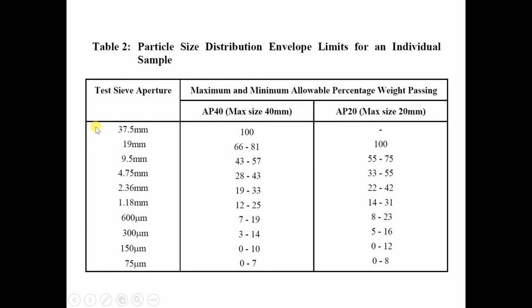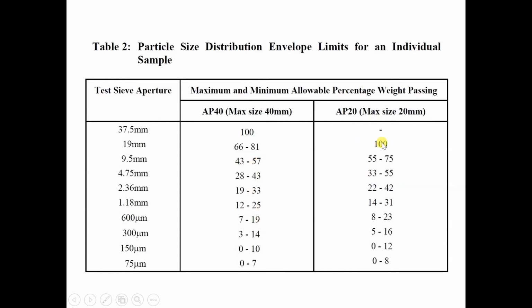For the 19 mm sieve, the percentage needs to be about 66 to 81%. For 9.5 mm, it needs to be 43 to 57%.